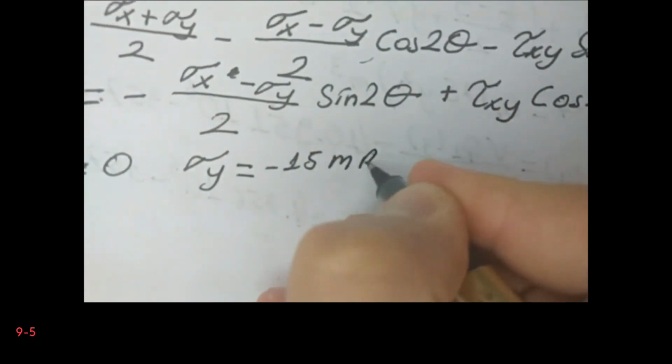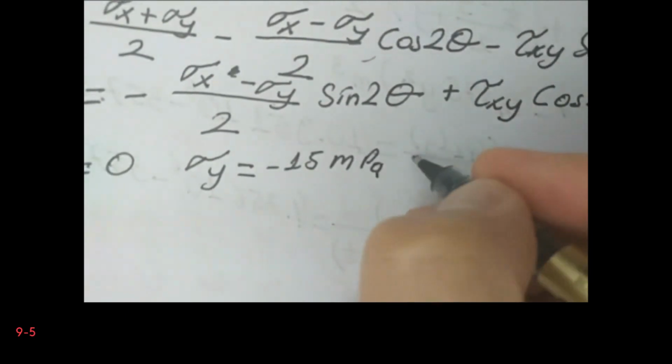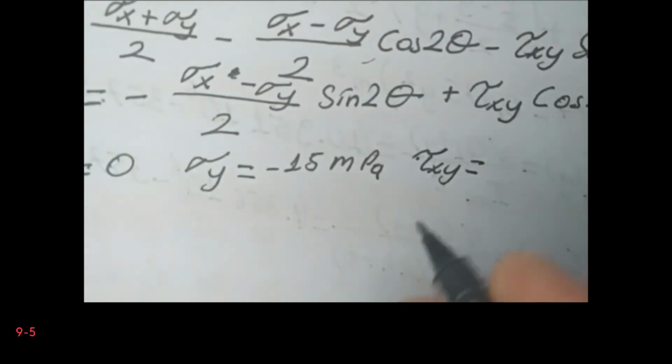We have sigma x is equal to 0, sigma y is equal to minus 15, and tau xy is equal to minus 6 megapascals.